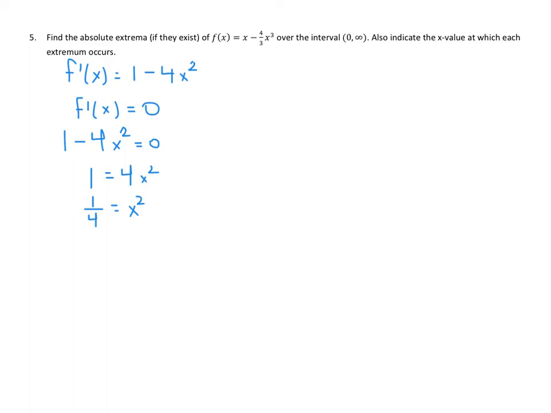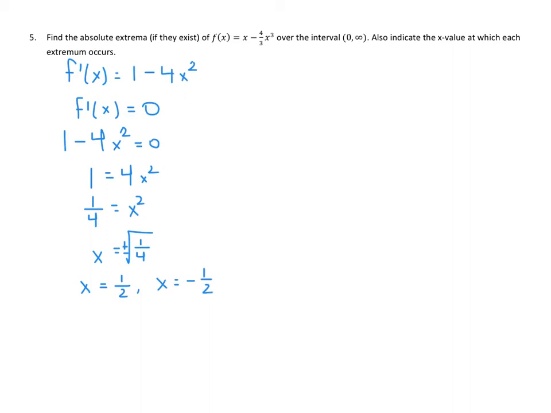Taking the square root of both sides, we get that x is equal to positive or negative square root of 1/4. So now we get that x is equal to a positive 1/2 and x is equal to a negative 1/2 as our critical values.